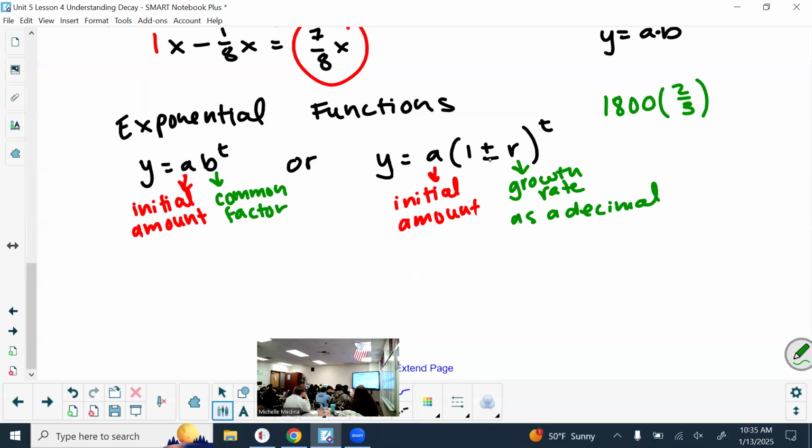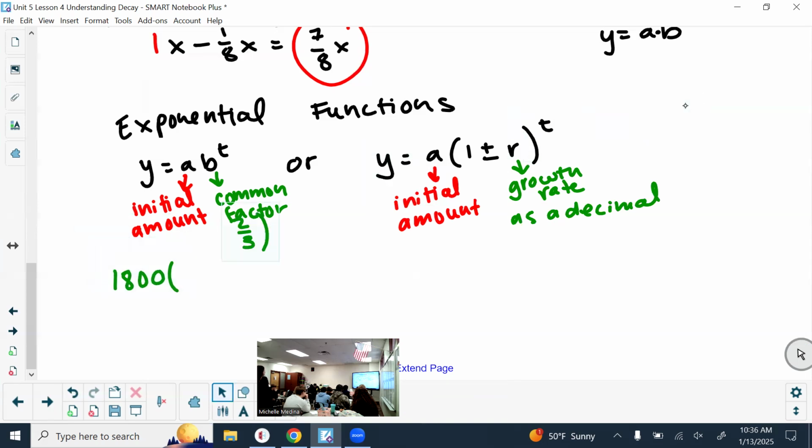So it's 1 plus or minus, depending on if it's increasing or decreasing over time. You'll have to pay attention to those words. Like if we're spending money, we're decreasing the amount we have, then we use 1 minus. Let me put these near it as an example. This one more aligns with this definition.